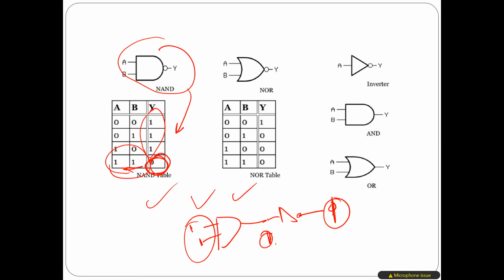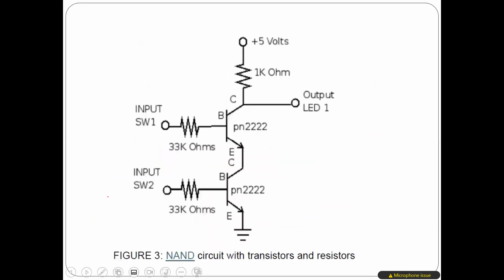As I told you before, there is an electronic circuit, but we're not going to teach it in this course. Other courses will focus on that, but there is an electronic circuit that we can use to do this functionality, to do this table. Here I just give you some idea about this one.